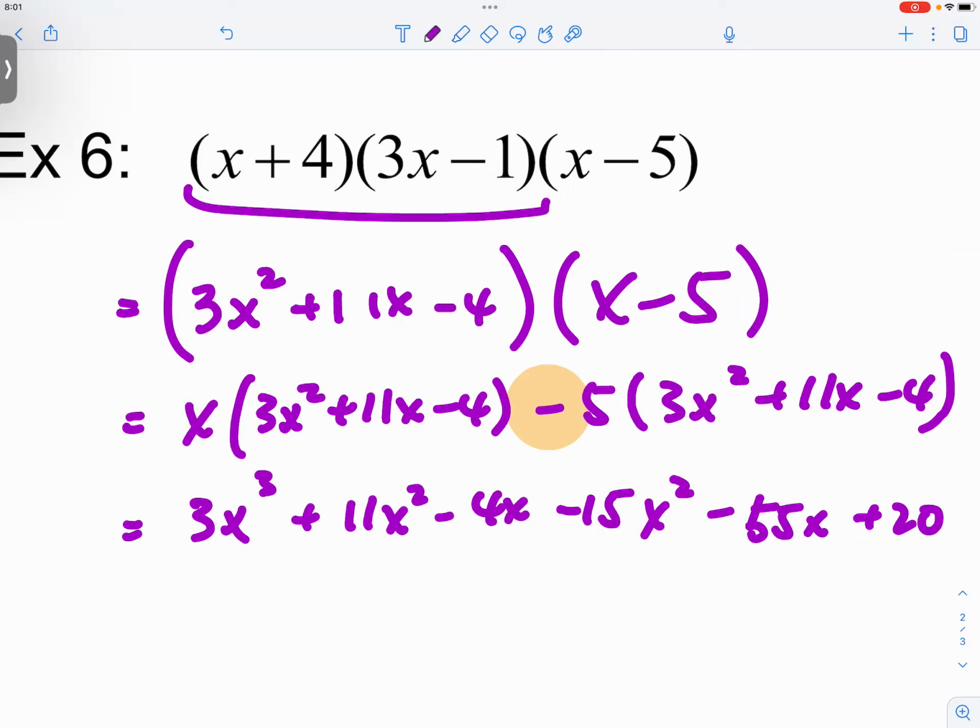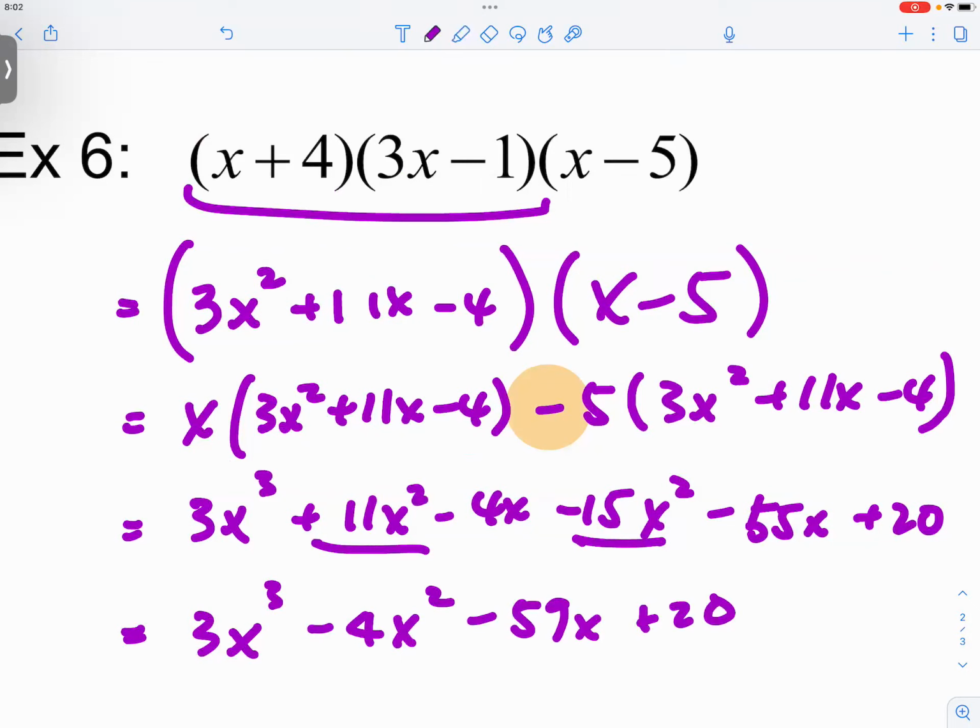The signs are being handled properly. So 3x cubed plus, or not plus anymore, actually, because you have plus 11 and then minus 15. So it'll be minus 4x squared. And then you have minus 59x, and then plus 20. Okay, so that would be your final polynomial answer.